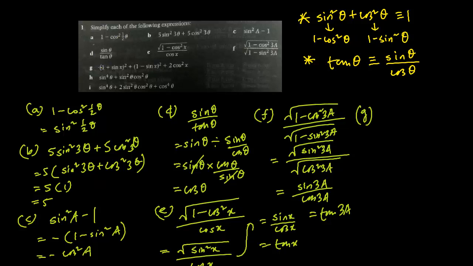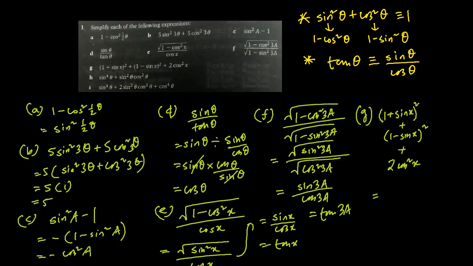Question number G uses 1 plus sine x whole squared plus 1 minus sine x whole squared plus 2 cos squared. So what we can do over here, we have 1 plus sine x whole squared plus 1 minus sine x whole squared plus 2 cos squared x.